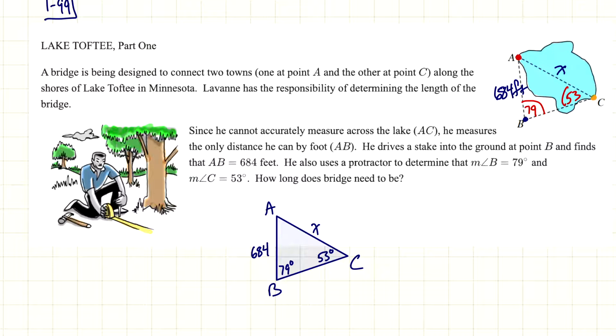I'm going to let you decide and see what you come up with. That'll be the first question. Should we use law of sines or law of cosines? All right. If you said law of sines, you are correct.